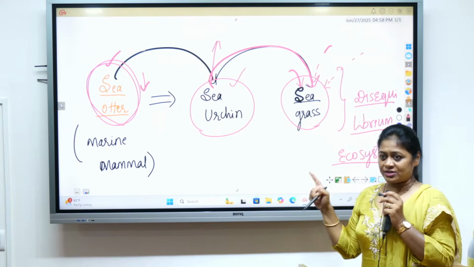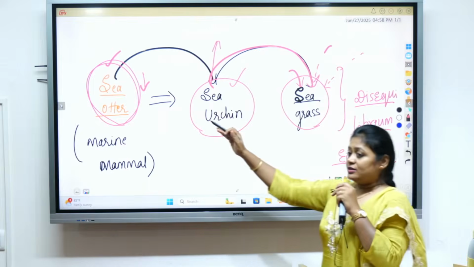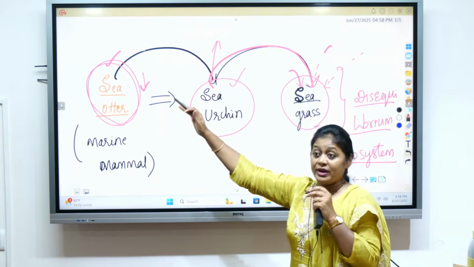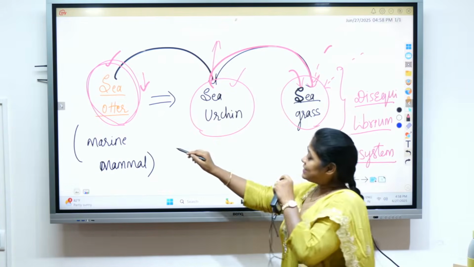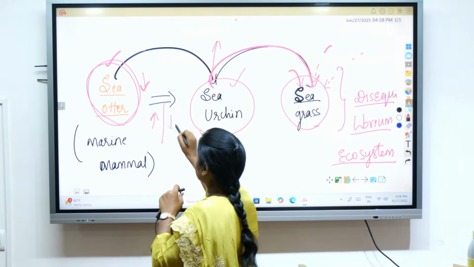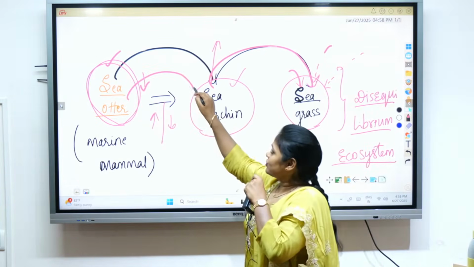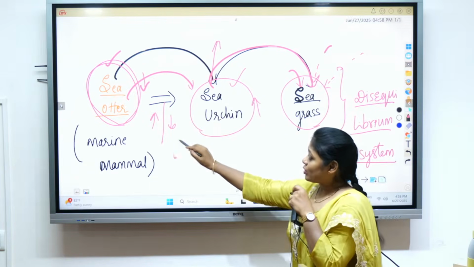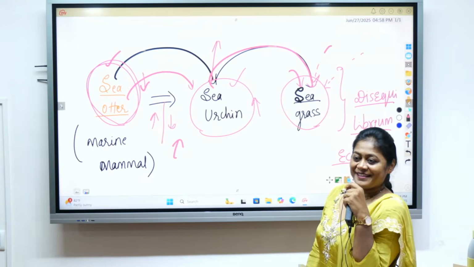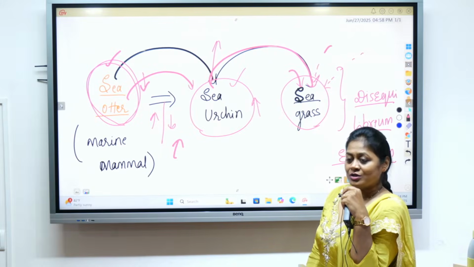We have discussed seagrass and seaweed in previous classes. Hence, the number of sea otters has to be maintained, as an increase or a decrease will have an impact. If the number of sea otters decreases, sea urchins increase. If there are more sea otters, sea urchins decrease and there is more grass, so more productivity.